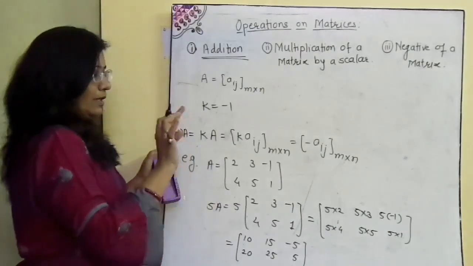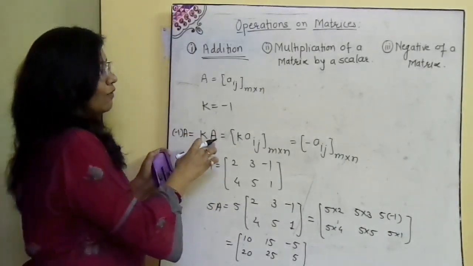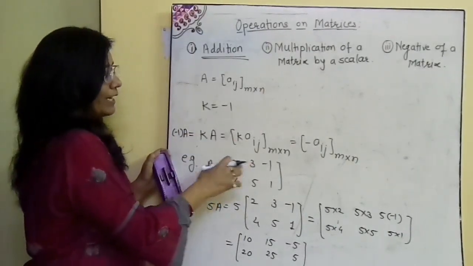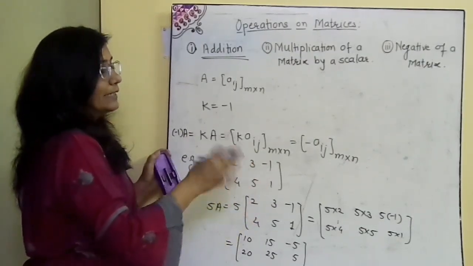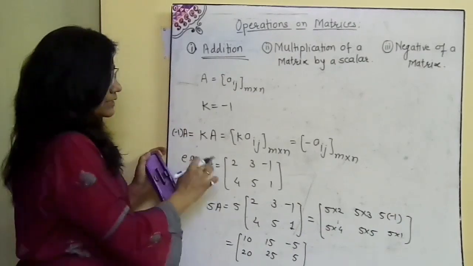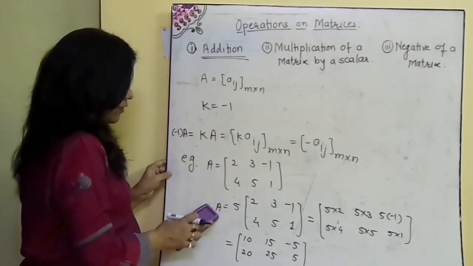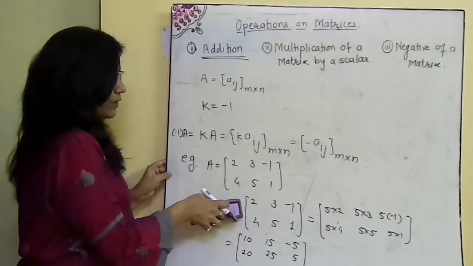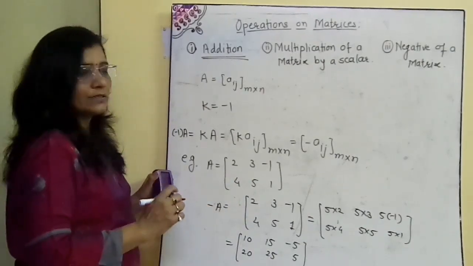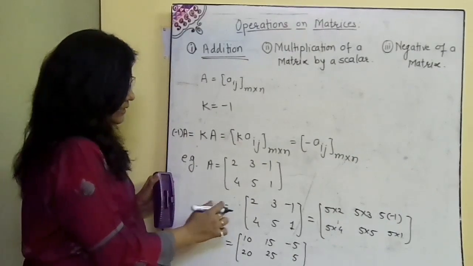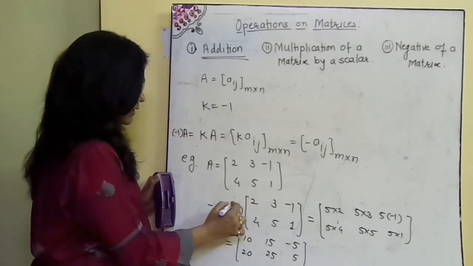It means if we take the negative of every element of a matrix, then we get the negative of the matrix. For example, A is this, and we want to find the negative of A, that is minus A. Negative of A is denoted by minus A. So minus A will be equal to minus 1 into this.